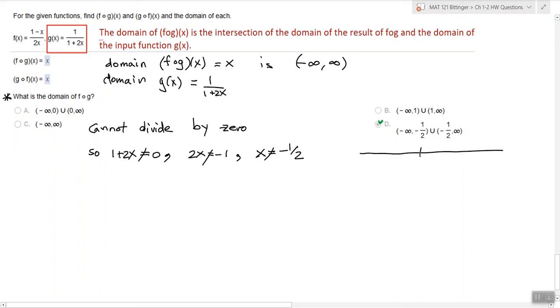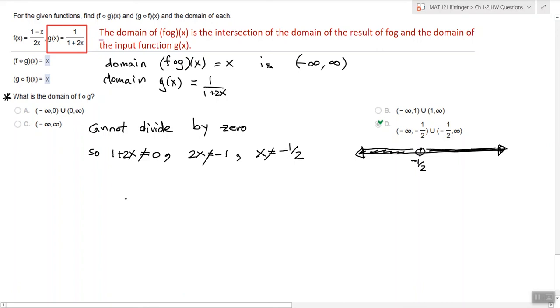If I was going to put this on a number line, here's my -1/2. I cannot have that, but I can have every other real number below -1/2, and I can have every other real number above -1/2. And that is this.